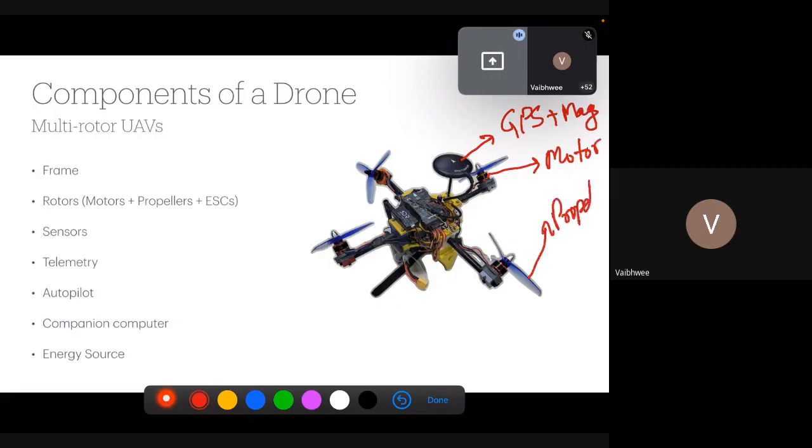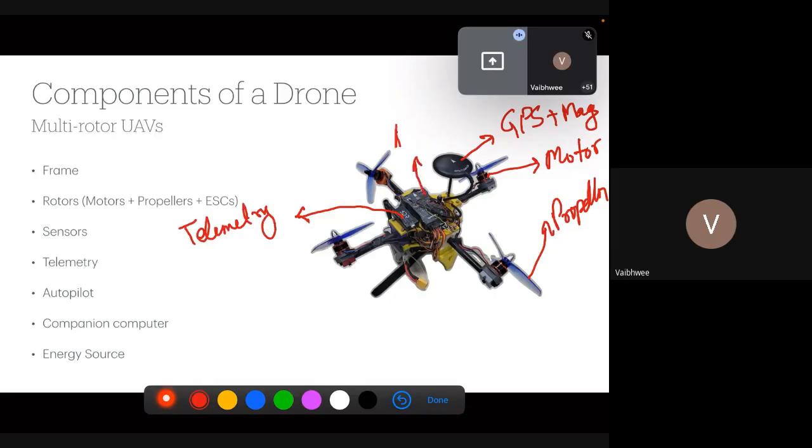This is a tri-blade propeller. People go for 2-blade propellers as well. The one that you see written 3DR is the telemetry module, which is on the vehicle, and then there is a companion telemetry module on the ground station.